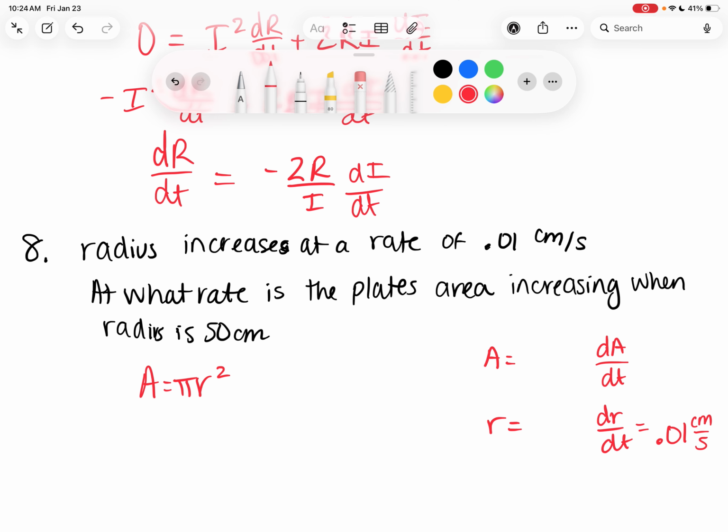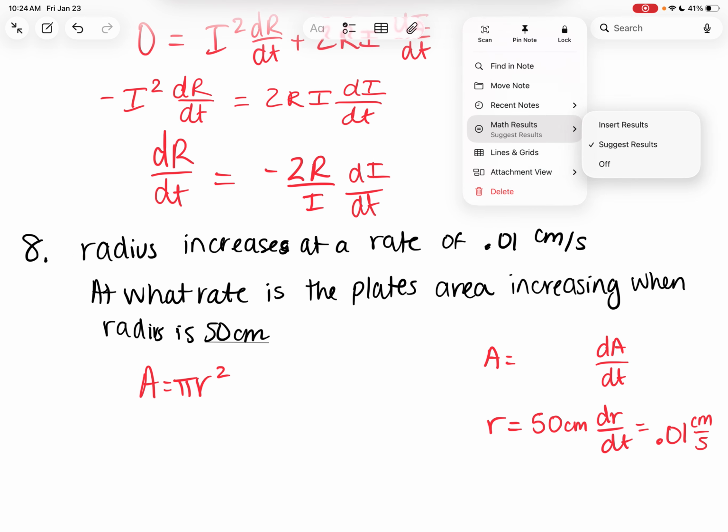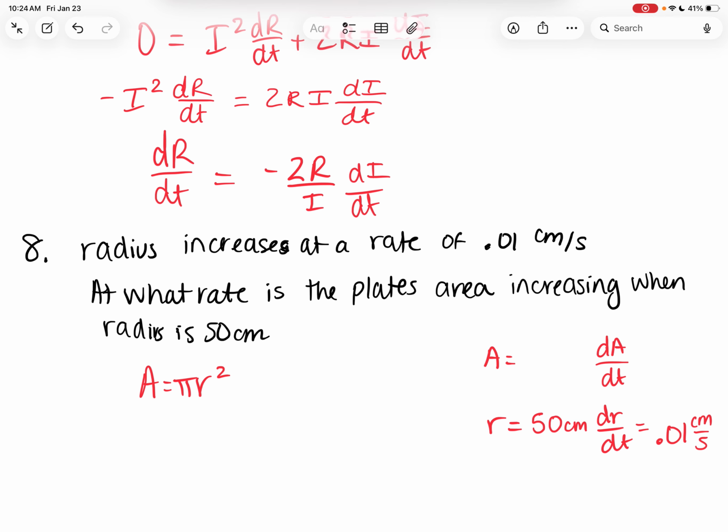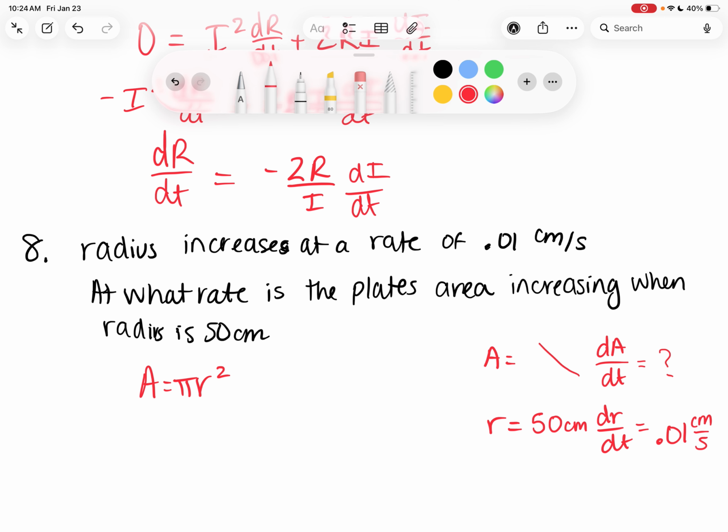The radius is 50 centimeters, so that's r. Area, because I know ultimately I'm taking the derivative, I don't really need that. I can find it if I am so inclined, but I'm just going to put a slash there. And then dA dt is what I'm solving for, because that's the rate the area is increasing at.